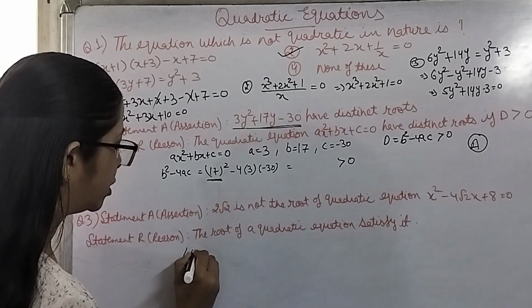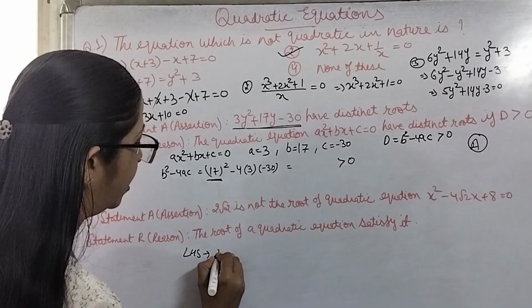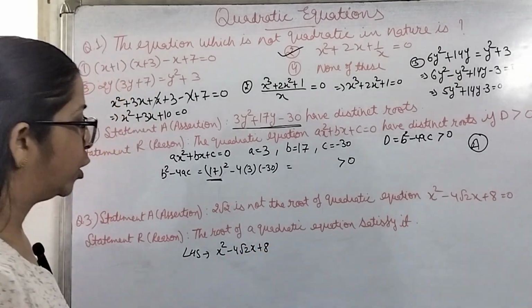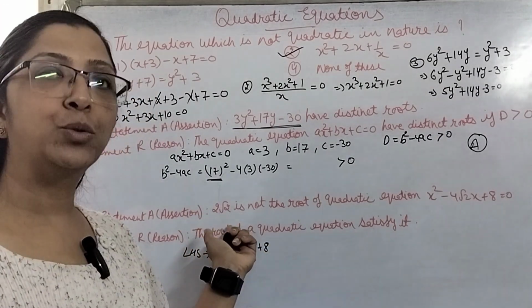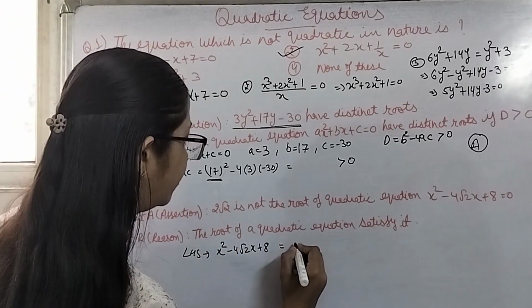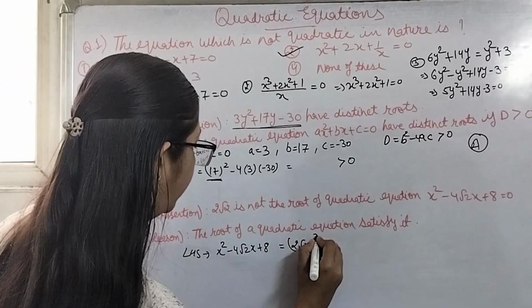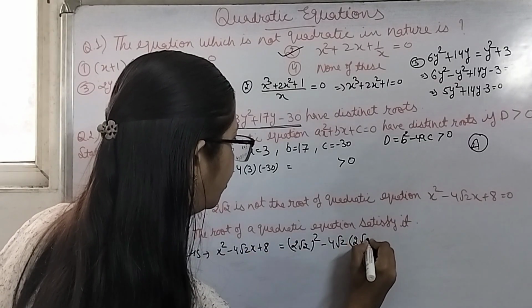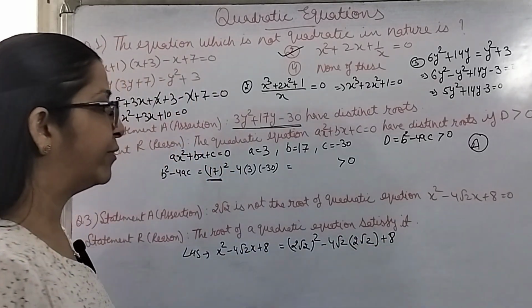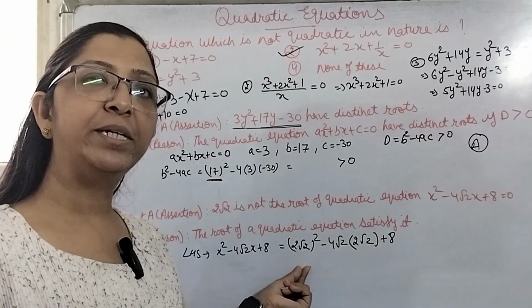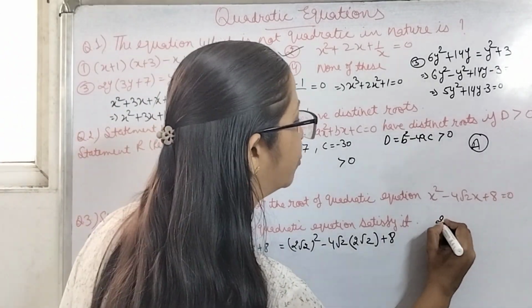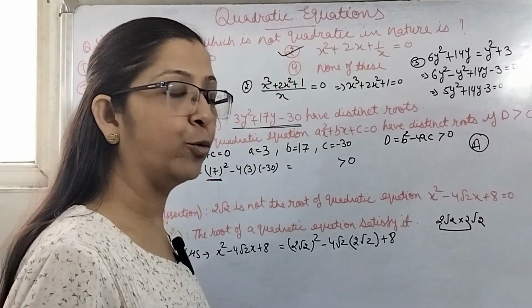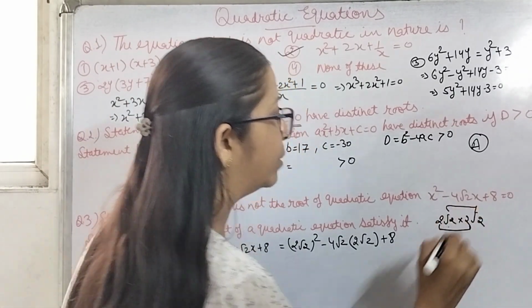So we are taking the LHS part of the equation. It is x square minus 4 root 2x plus 8. Now wheresoever x is coming, we will keep 2 root 2. So this will become 2 root 2 square minus 4 root 2 multiplied by 2 root 2 plus 8. Solving further, 2 root 2 square means 2 root 2 multiplied by 2 root 2. 2 multiplied by 2 will become 4 and root 2 multiplied by root 2 will become 2.